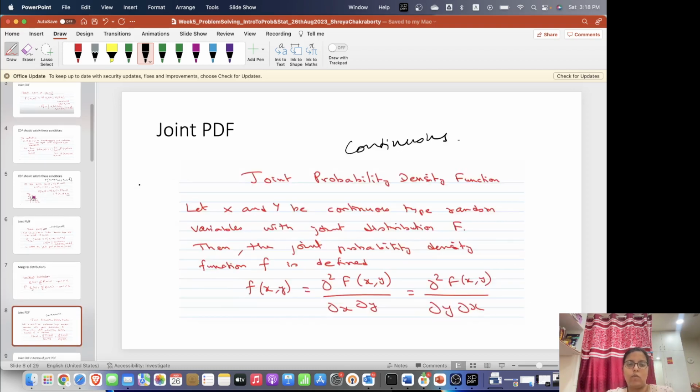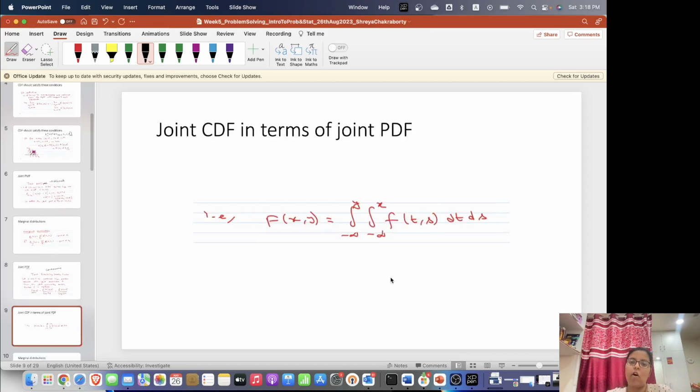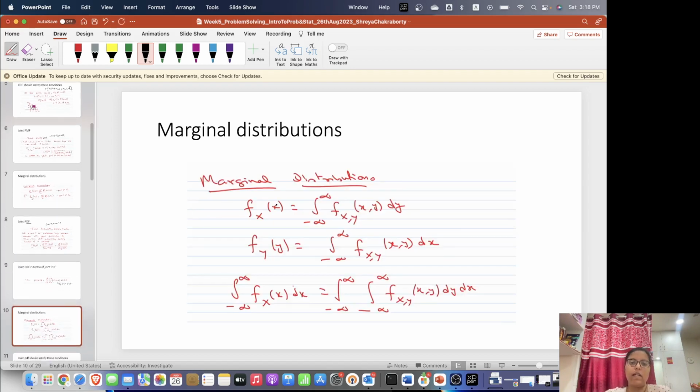And analogously, in a continuous setup, the joint PDF can be represented as the double derivative of the joint CDF, or we can write the joint CDF in this manner: integral from minus infinity to y, minus infinity to x, of f(s,t) ds dt, where this f is the joint PDF of X and Y. And similarly, for marginal distributions, instead of the summation that we took for the discrete case, we have to take the integral over all values of y to get the marginal of x, and to get the marginal of y we take the integral over all values of x.